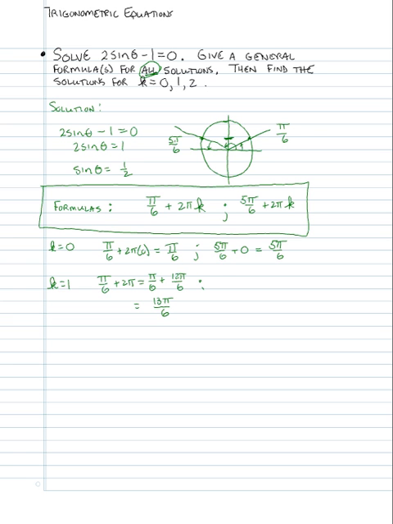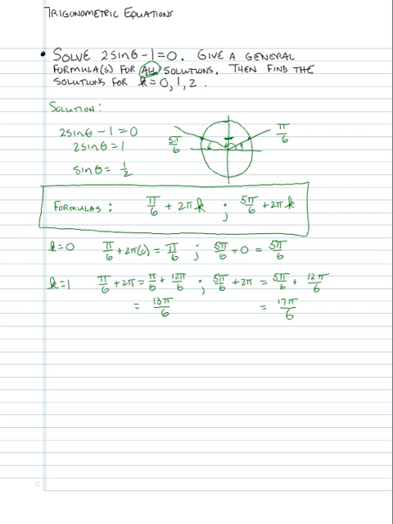Now, if I use the second formula, that would be 5 pi over 6 plus 2 pi times 1. See, k is 1. But just as I did before, I'm going to write 2 pi in sixths so I can actually add these together. So I have 5 pi over 6, and 2 pi I'm going to write as 12 pi over 6 so that I can add those together. And you see that gives me 17 pi over 6.